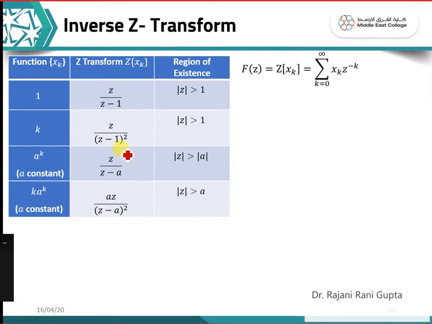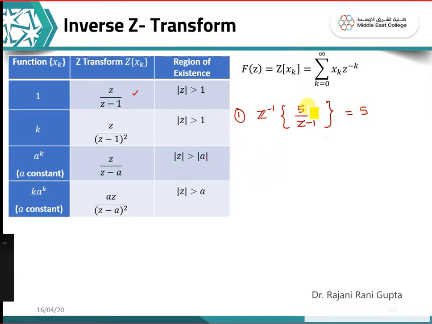Now let's work on some other kinds of questions using the same thing. We worked on this: the inverse Z transform of Z over Z minus 1 is 1. So what will be the inverse Z transform of 5Z over Z minus 1? It will be 5.